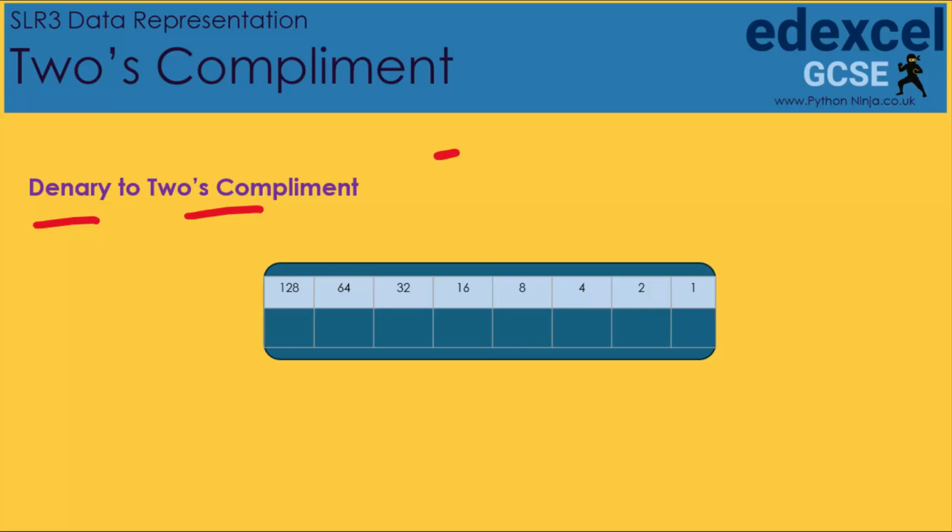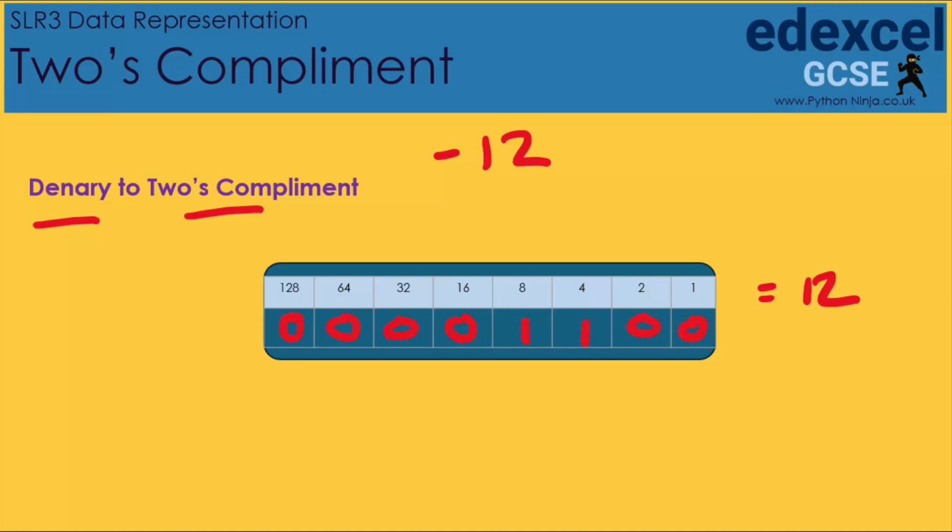So let's assume we've got a denary value of -12 and we need to work out what the binary number of this is. What we do is write it out as if it was a positive 12. So 0, 0, 0, 0, 1, 1, 0, 0: 8 plus 4 is 12. That equals denary plus 12, but we want a minus value.